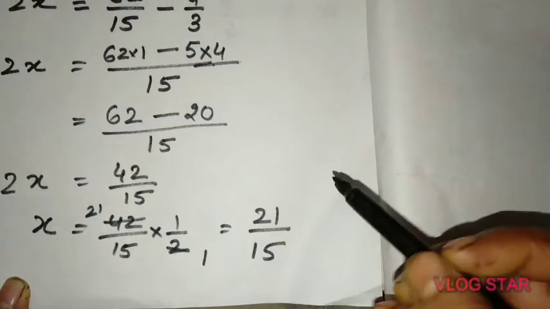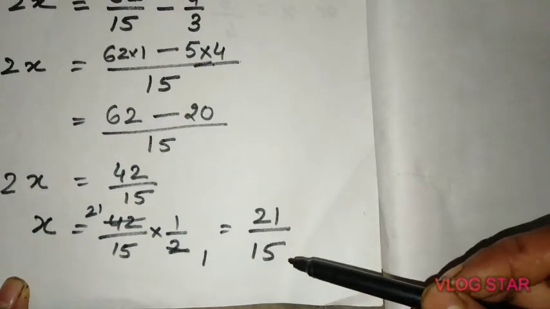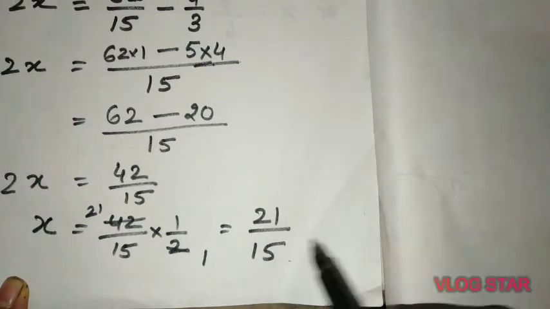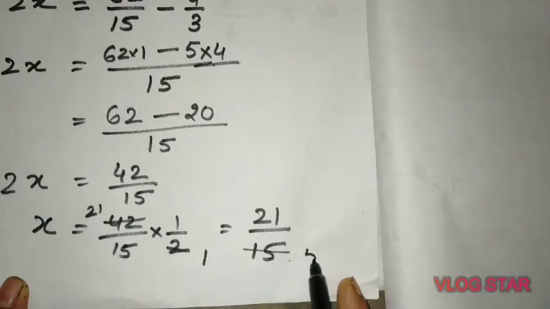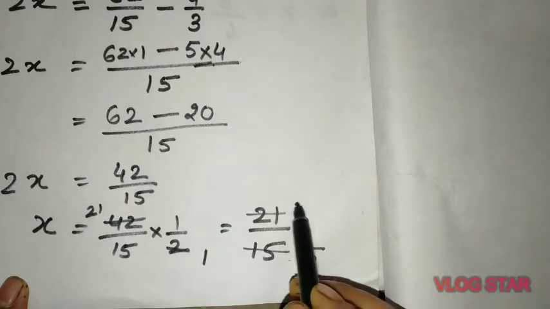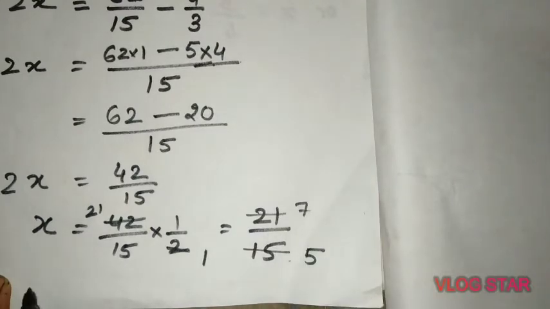Again we can see that 21 and 15 both are multiples of 3, so we can cancel by 3. 3 fives are 15 and 3 sevens are 21. So the value of x is 7 upon 5. So either of the two equal sides is 7 upon 5 centimeter.